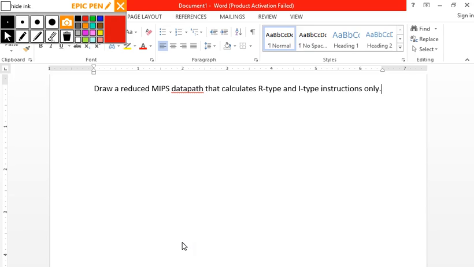If it's your I-type, you go. I know that because they're combined, so that's what I tried about the R-type.